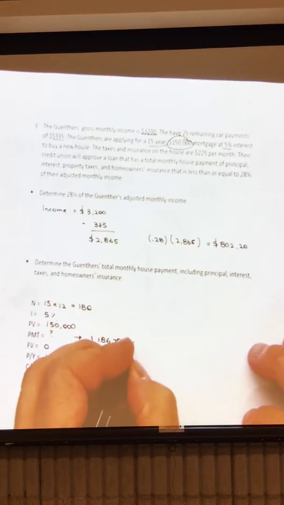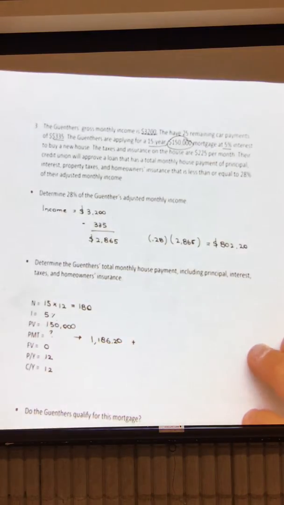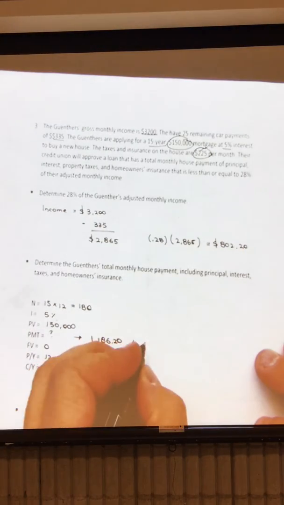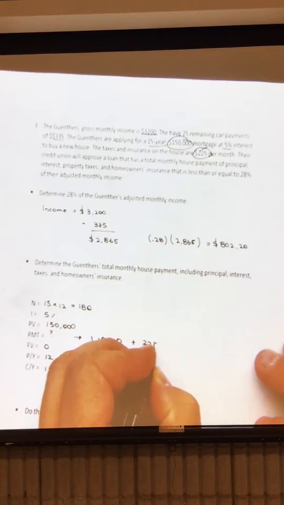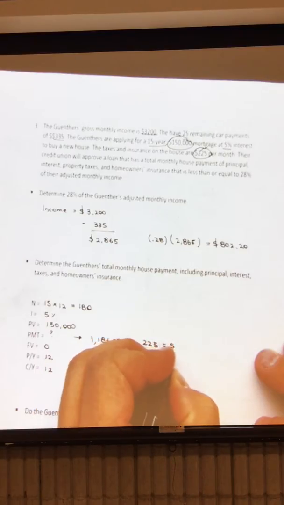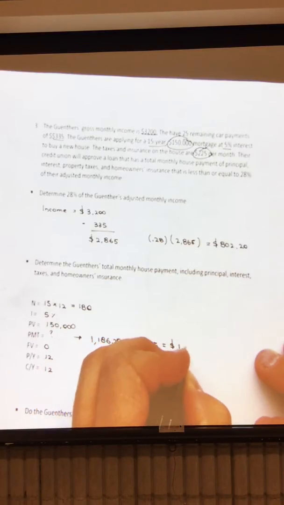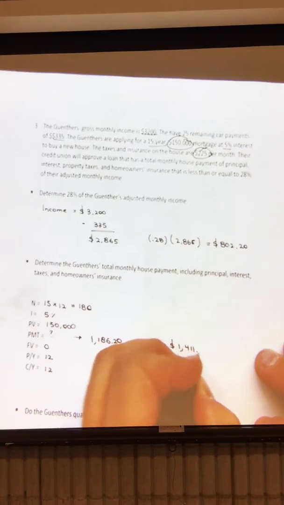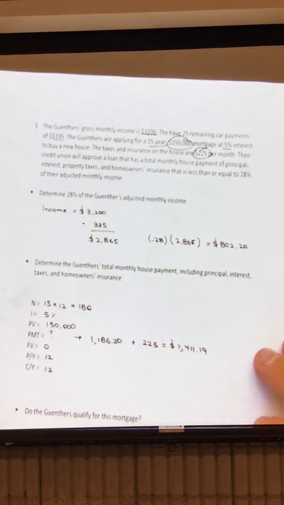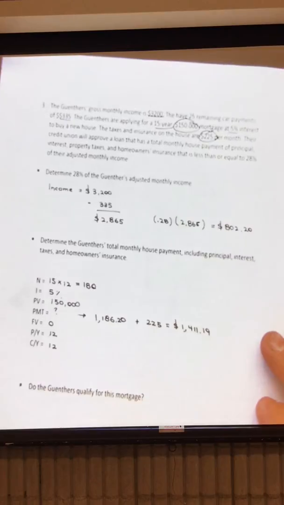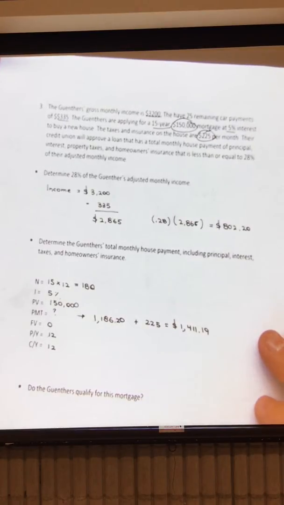And then don't forget, we have to add the $225, which is going to be the taxes and insurance. So the total cost will be $1,411.19 or 20 cents. So do they qualify for this mortgage?